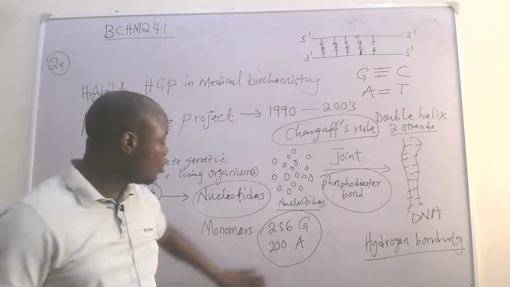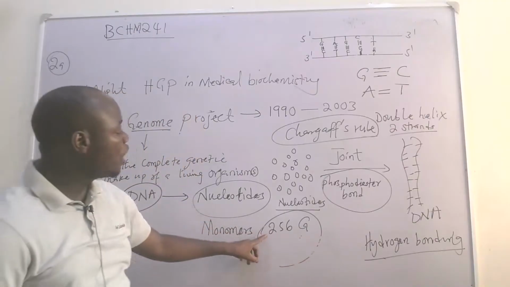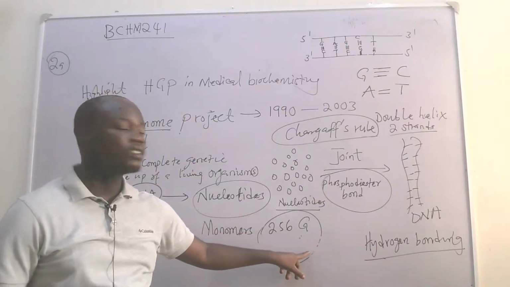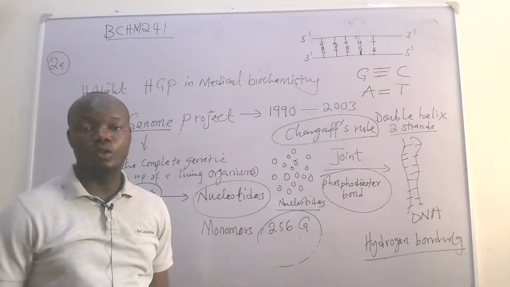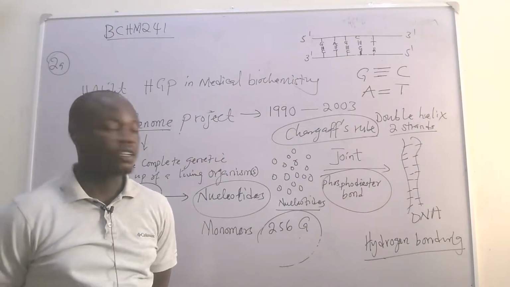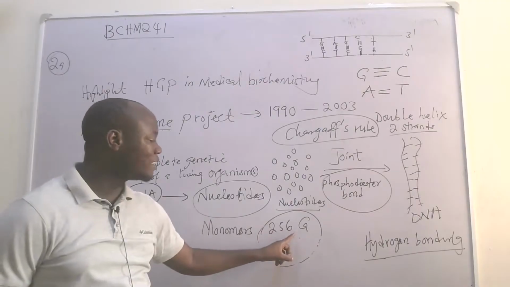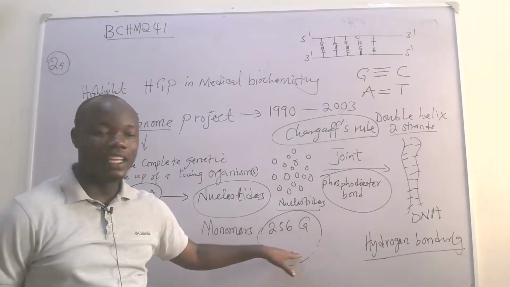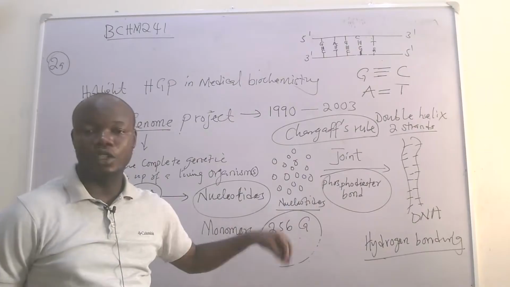I think it's simple. Let me start with this. If you have 256 guanine in the DNA molecule, how many cytosine do we have?